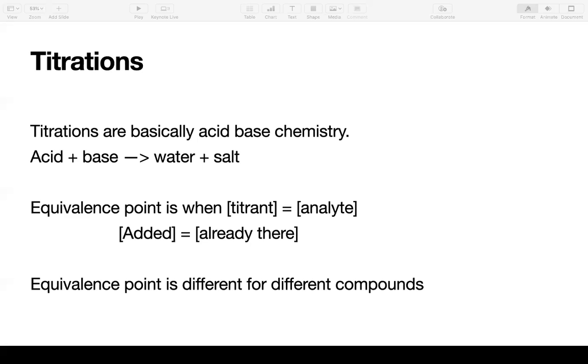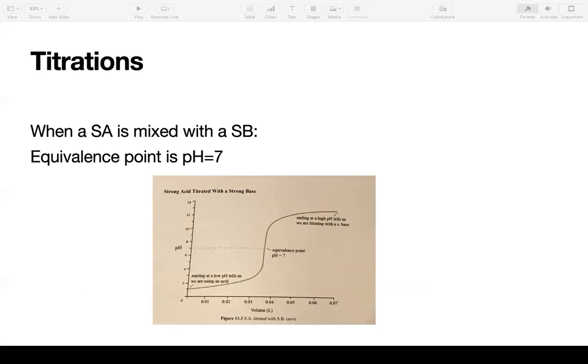And the equivalence point will be different for different compounds in terms of pH is what I mean by that. So what do I mean by that? So when we add a strong acid with a strong base, the equivalence point is going to have a pH of 7. And we kind of tell that just by thinking it through. So a strong acid plus strong base, both of them are strong, so they'll cancel each other out equally.